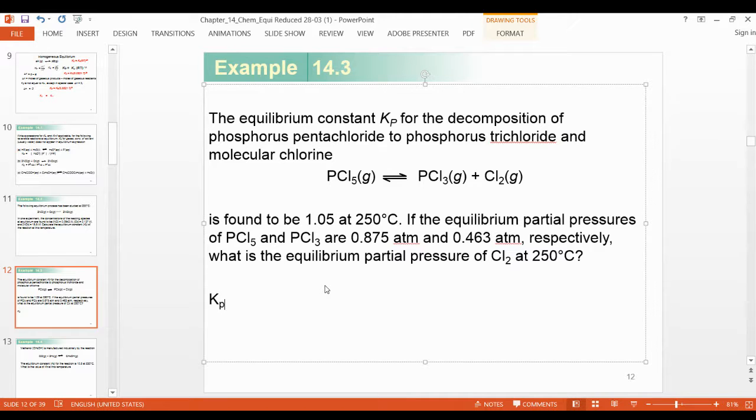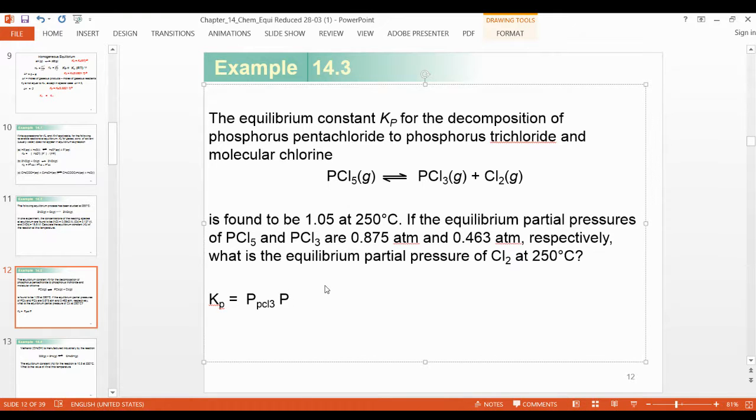Kp is equal to the concentration, means capital P, raised to the power, PCl3 times, because there is no coefficient here, 1, 1, 1, so 1 never write.